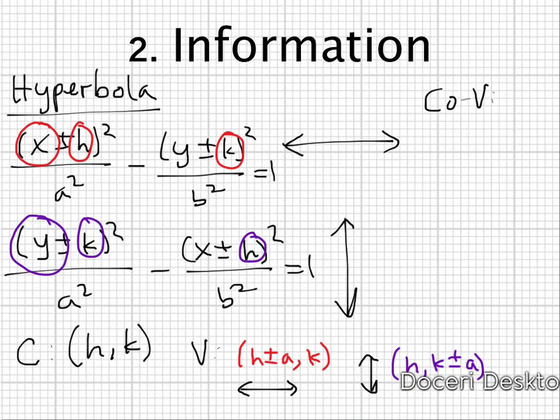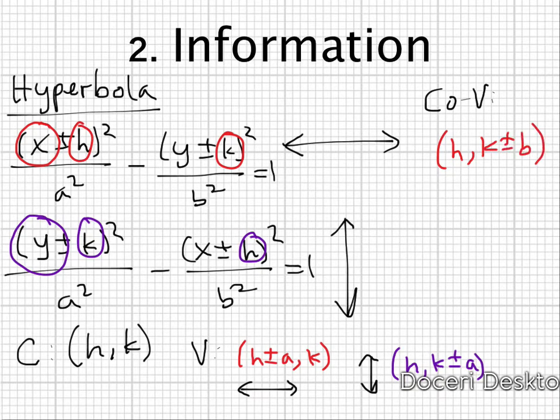So for a horizontal hyperbola, we're affecting the y value this time, so it'd be h, comma k plus or minus b.